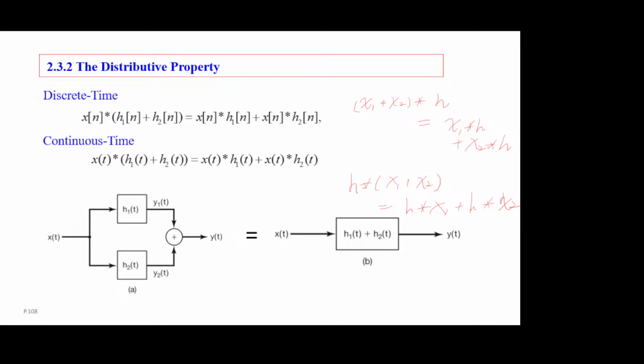And that means that if you have two systems in a parallel connection, where your input goes to some H1 and to some H2 and the outputs are added together, it is the same as putting the input through a single system that has H1 plus H2.